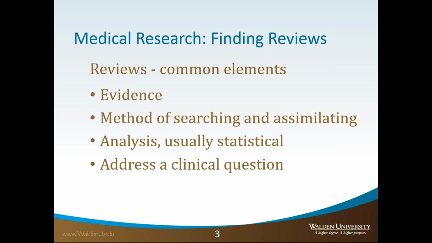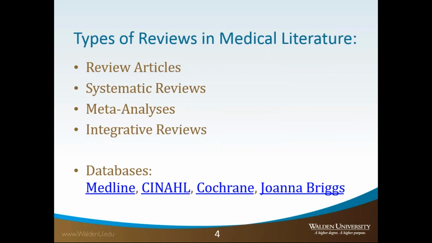So we'll look at these different types of reviews, and I'm going to show you the four that we're going to look at tonight. How to find review articles. Julie's going to show us that, just the general review articles. Then Julie's going to show you how to find a special type of review article called a systematic review that you might already be familiar with.